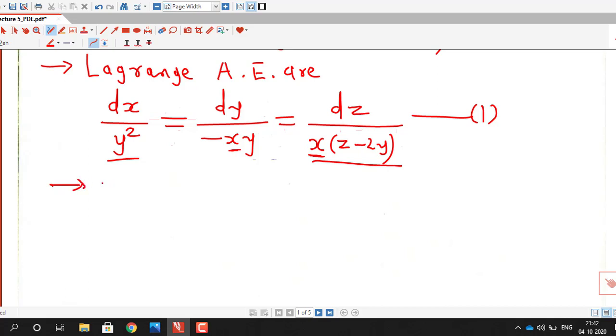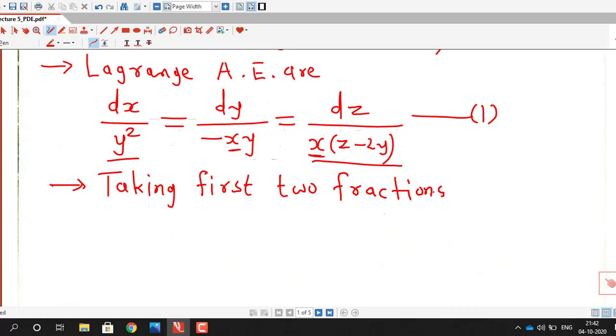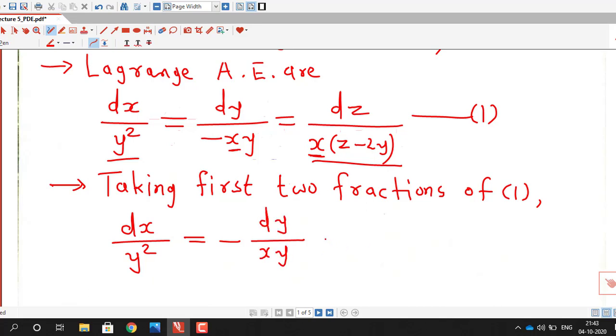So first we take the first two fractions of 1, so we have dx divided by y square, which is equal to minus dy divided by xy.